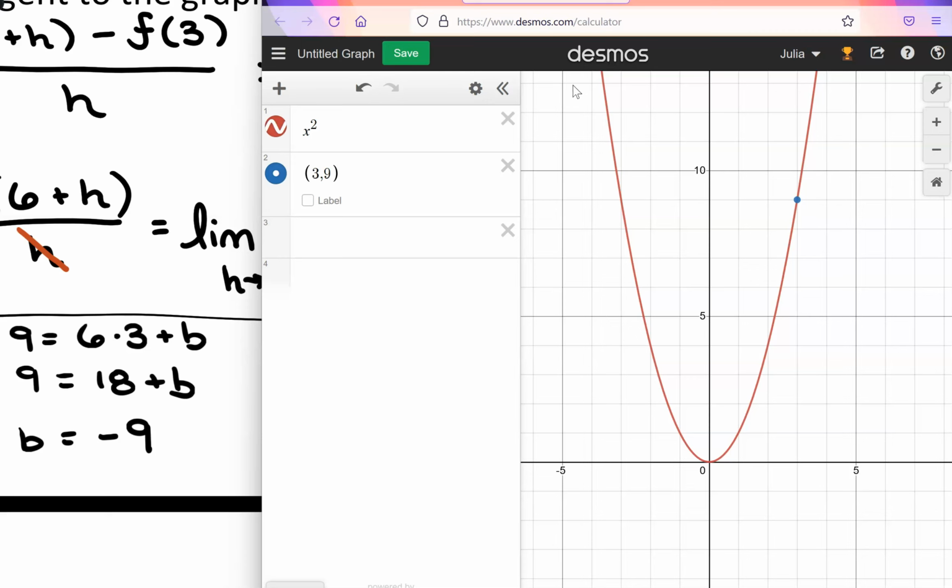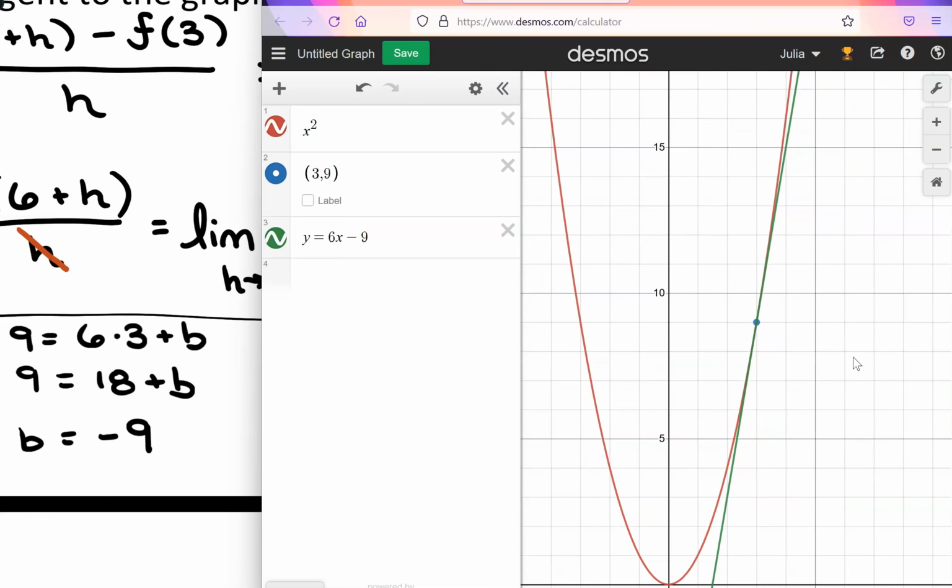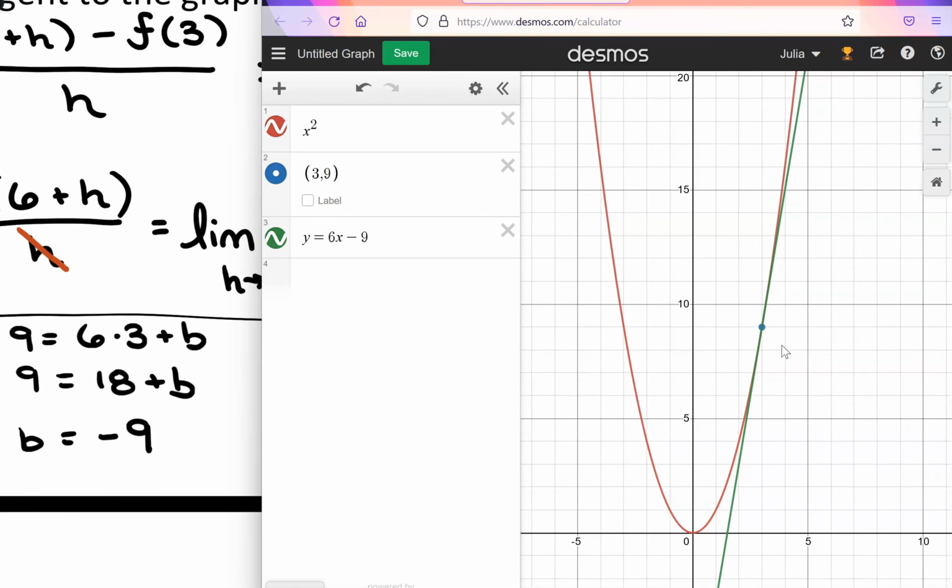So all of that work to get out that value of 6 was to find the slope of that tangent line. But then knowing that we needed to go through this coordinate 3, 9, we could plug in that coordinate to find our y-intercept. So we found our equation is y equals 6x minus 9, and there's our tangent line. So we had our coordinate, found our slope using the derivative, and then using our methods of finding a linear equation, plug in a point to find the y-intercept. And there we go.